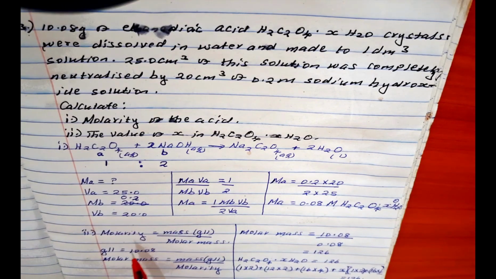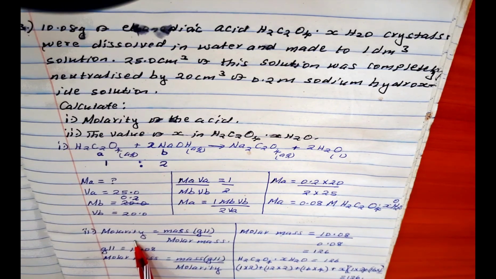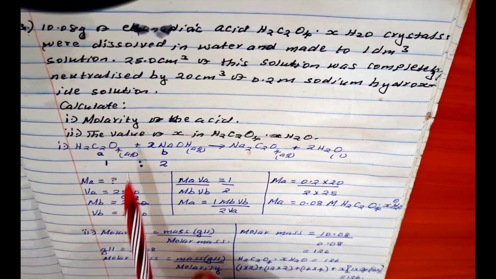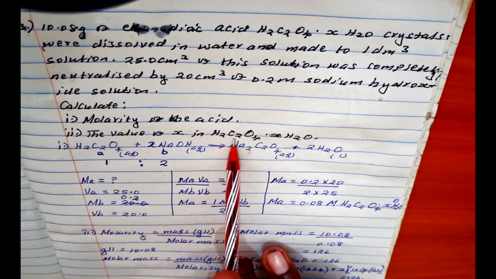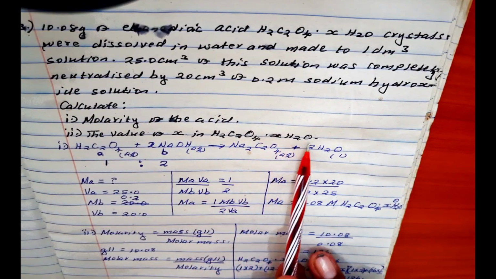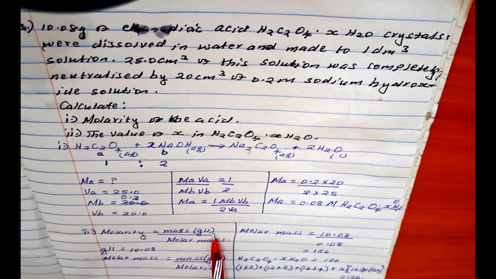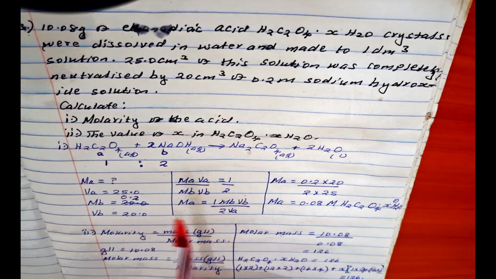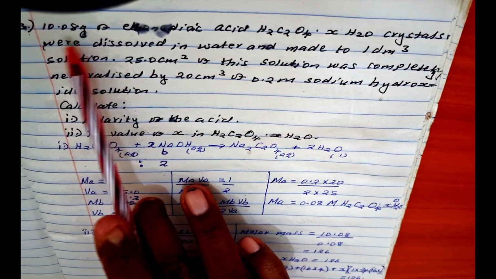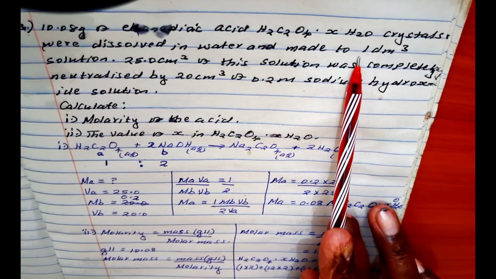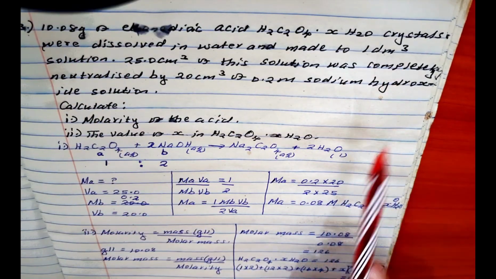Roman 2, the value of x in ethanedioic acid, H2C2O4.xH2O. In other words, the number of moles of water of crystallization. So how do you get that? Molarity is equal to mass in grams per liter divided by molar mass, and our mass in grams per liter is 10.08 because 10.08 grams were present in 1 dm cubed.